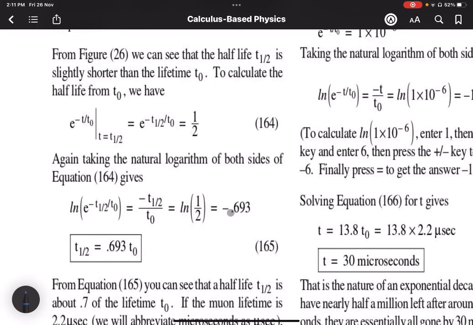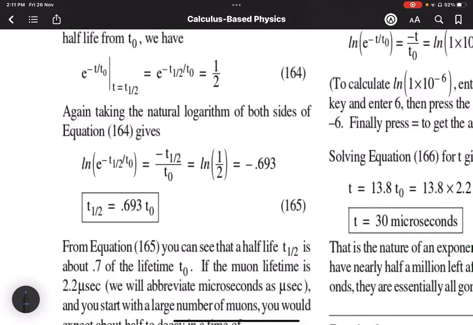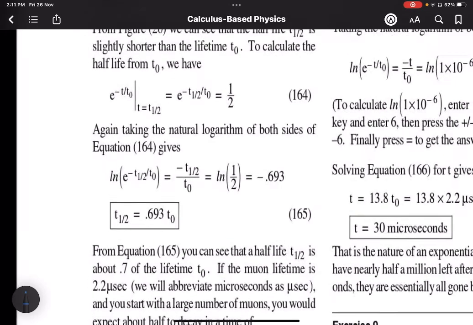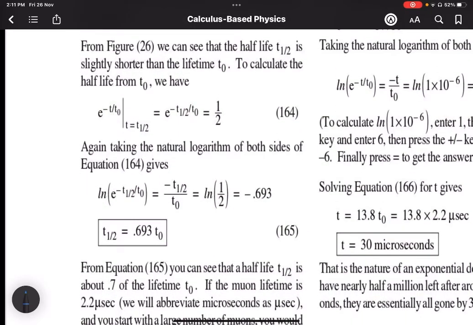It will give us negative 0.693. Okay? So remember, hindi tayo nag-divide ng 1 half. Multiply natin siya, kinuha natin siya as a natural logarithm. And if you use the ln, multiply by the lifetime, we will get the half-life of the muons. Or the half-life formula, which is 0.693 T0.